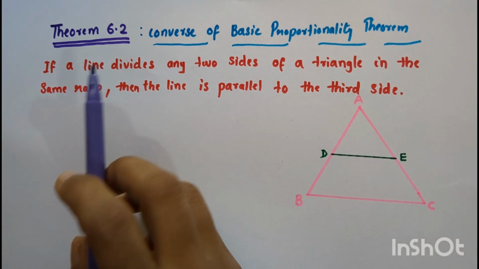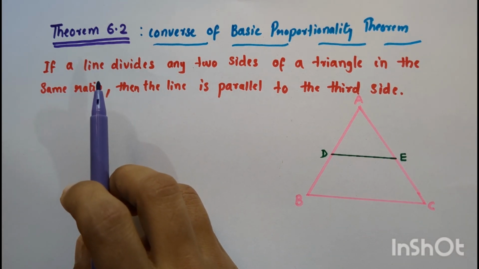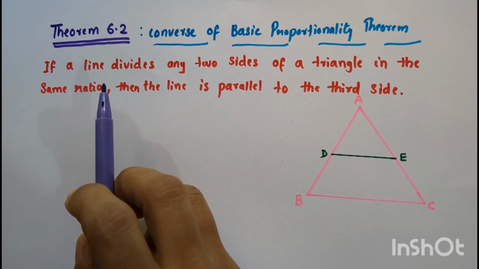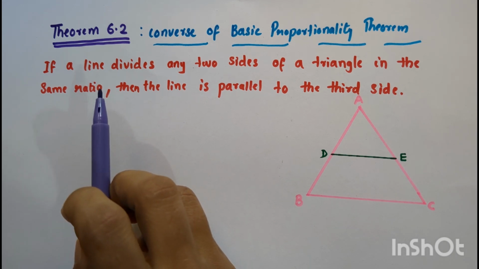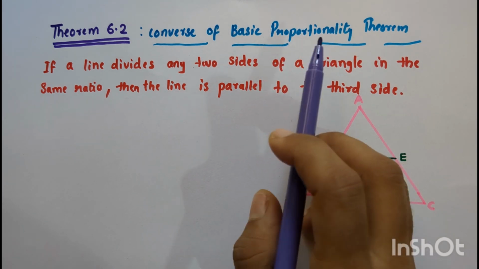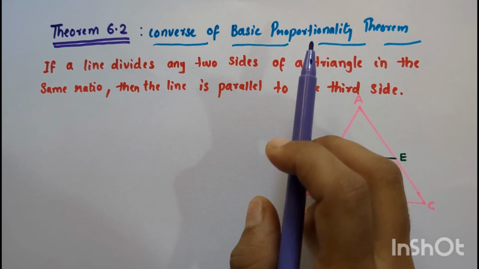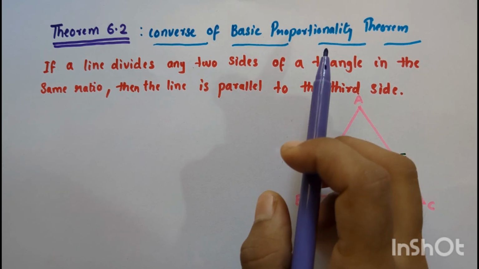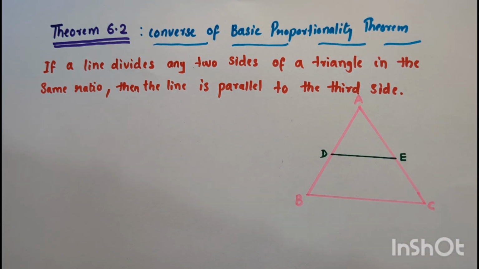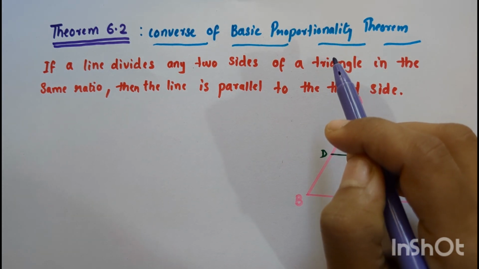This Theorem 6.2 is actually the converse of the basic proportionality theorem, which was Theorem 6.1. We discussed that in our previous video. According to the basic proportionality theorem, if a line is drawn parallel to one side of a triangle to intersect the other two sides in distinct points, the other two sides are divided in the same ratio.